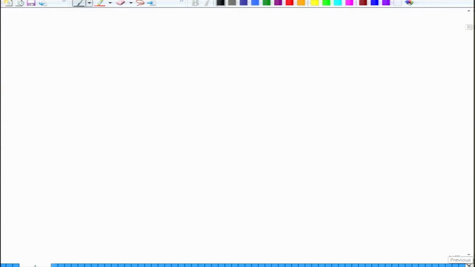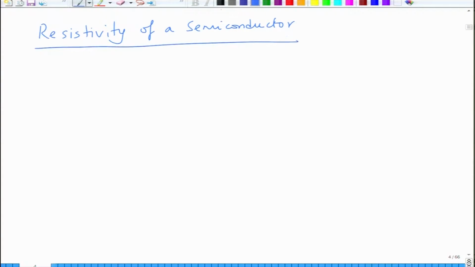Based on this, we can now define the resistivity. For conductivity, we write J is equal to sigma E. This is in terms of conductivity.